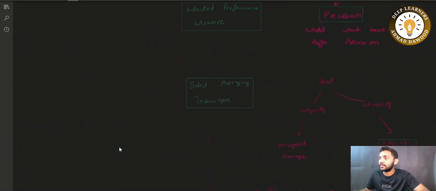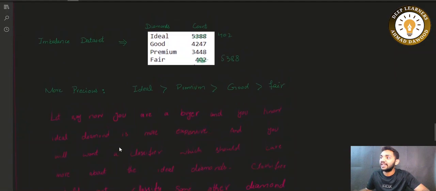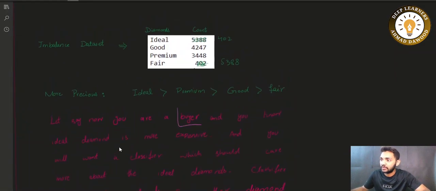In the same way, we can discuss another scenario. Let's say you are a buyer again. Now here you have ideal diamonds 402 and fair diamonds, let's say 5388. It means you are curious about the ideal class, and the ideal class has a minority, a very small number of samples compared to other classes.